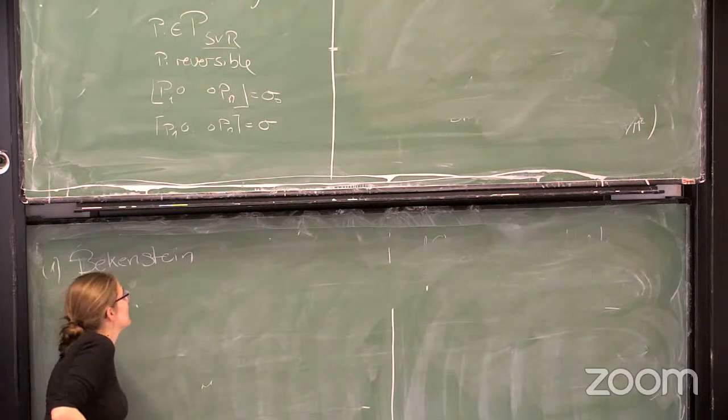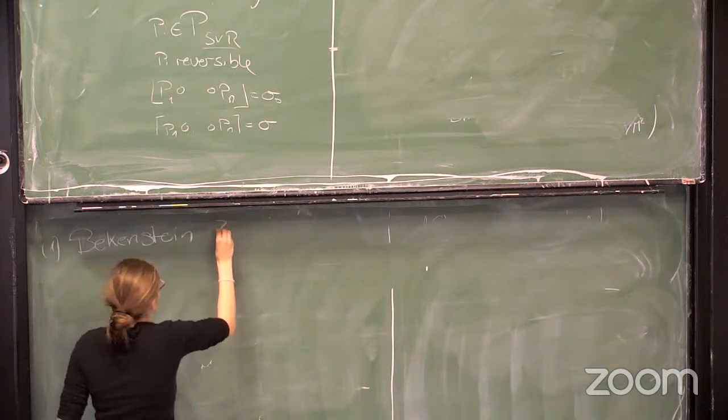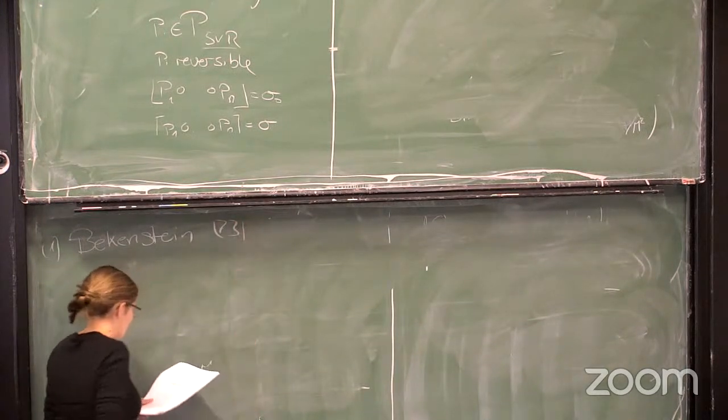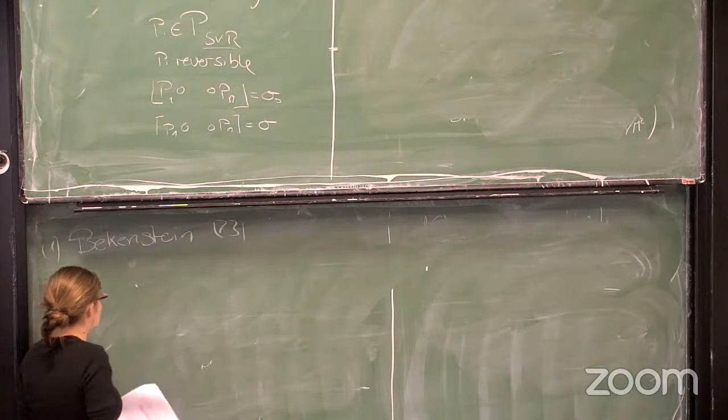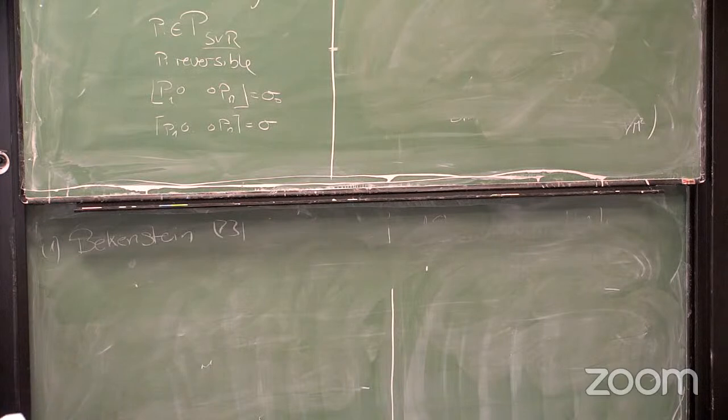In this famous paper in '73, he says, okay, this box has to have some gas at some temperature in it, so it has to have a minimal size.